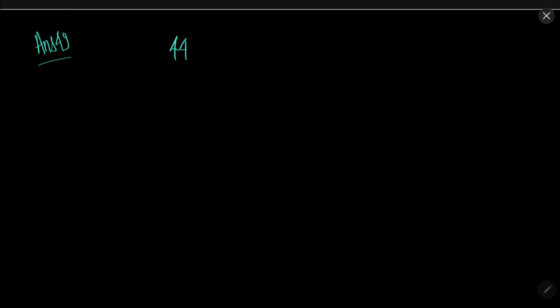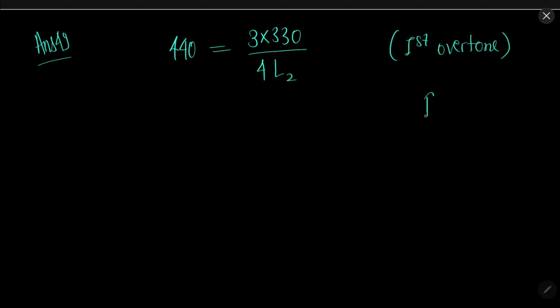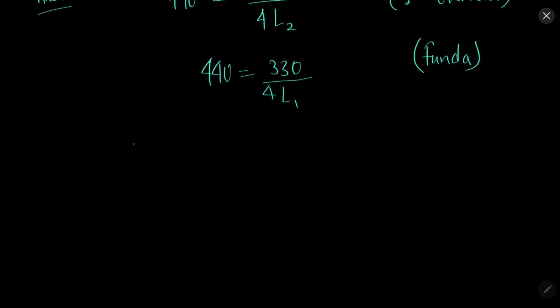So according to the situation that we have, frequency equal to 3 into 330, velocity over 4 into length L2, first overtone, and the fundamental one, 440 equal to 330 over 4L1. So by this we get L2 to be 56.3 centimeter and L1 to be 18.8 centimeter.